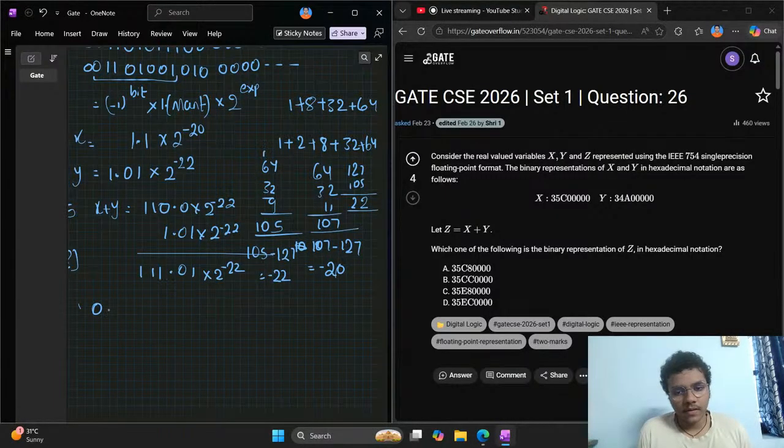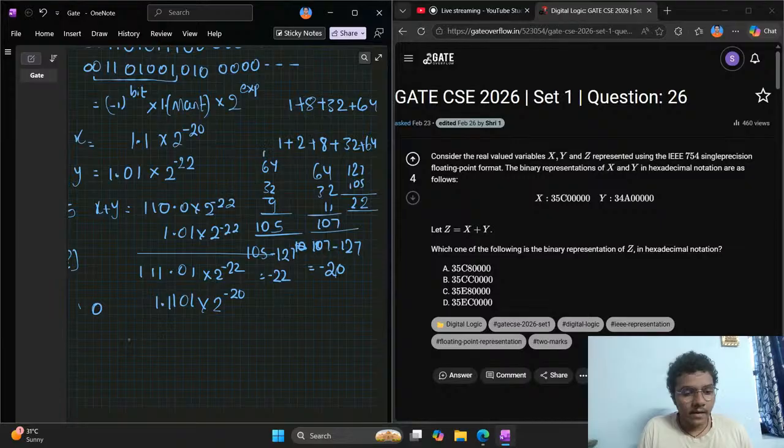You need this form, right? So if you make this value smaller, you need to make this value bigger. 1.1101 into 2 to the power of minus 20. It is the same. All right.